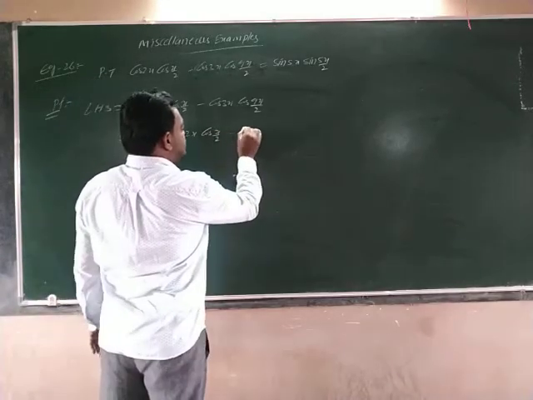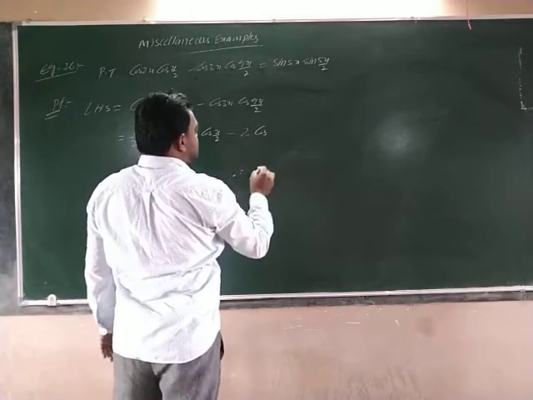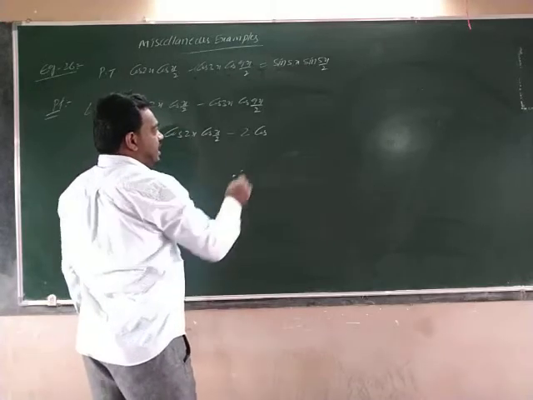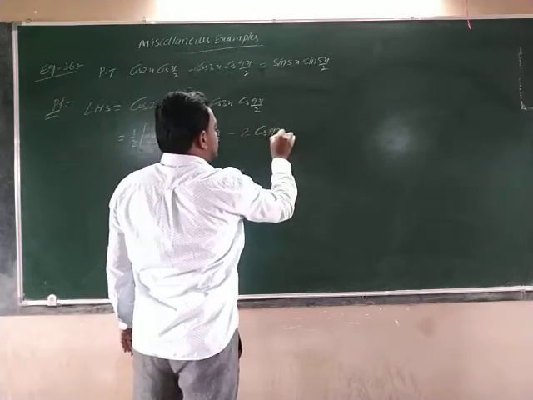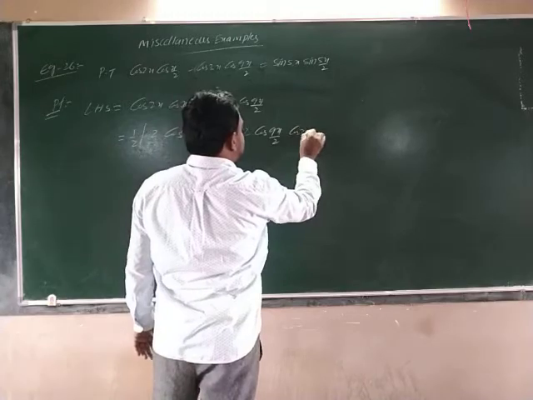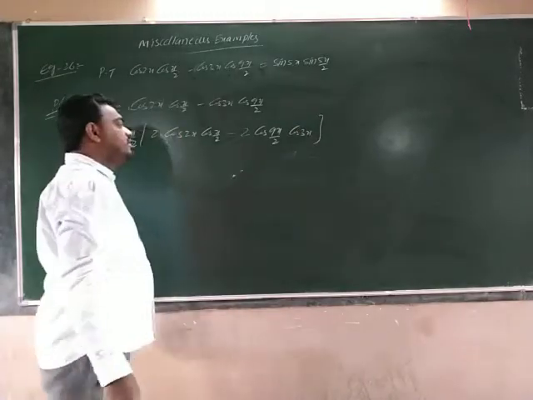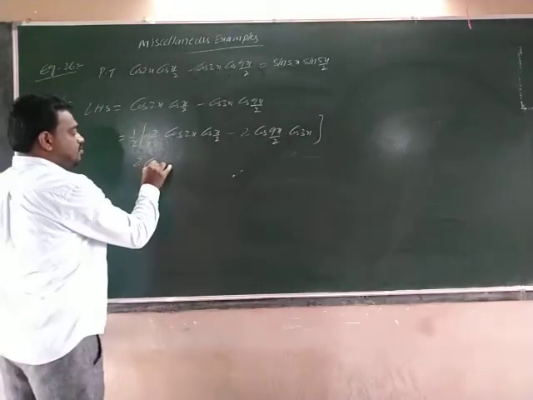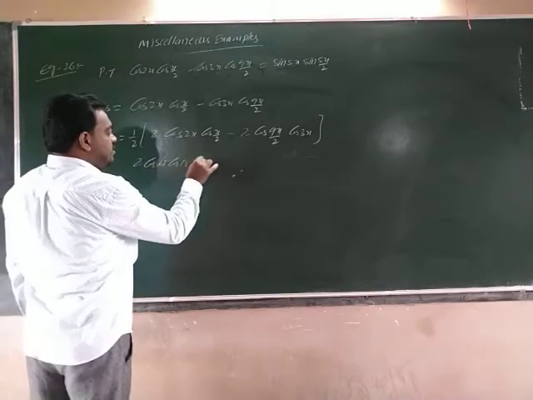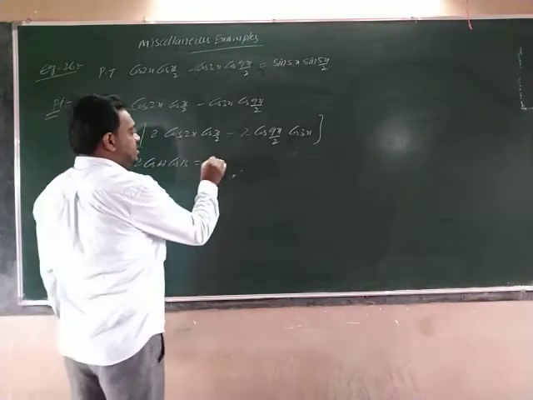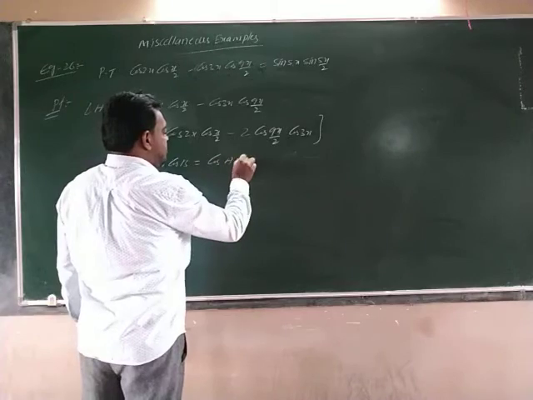Next, minus 2 cos, first I am writing 9x by 2, 9x by 2 cos 3x. Now those are in the form of 2 cos A cos B. What is the formula for 2 cos A cos B?